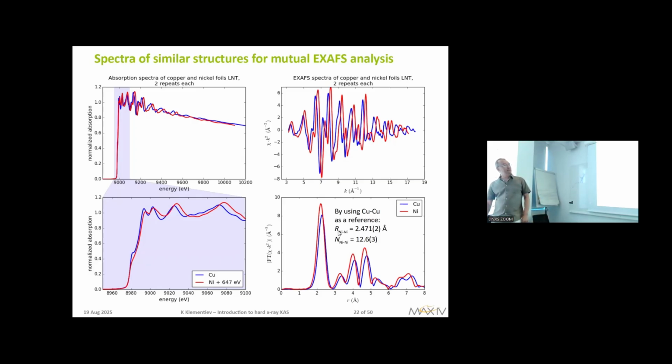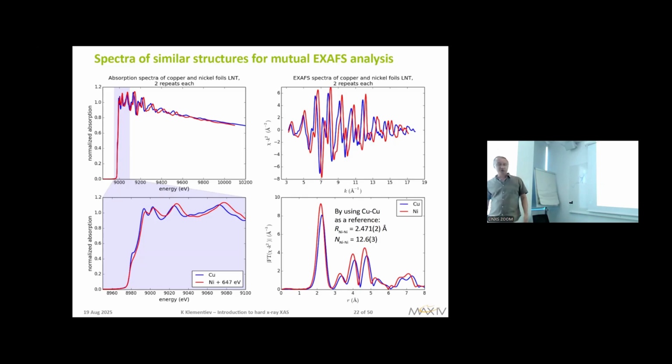So here I analyzed nickel from copper, and by fitting I get 2.47. Is it good? Well, if you compare to the real distance, the real is 2.49. Nah. So 0.02 angstrom is off, whereas the fitting error is in the third digit, but the actual difference is in the second digit.